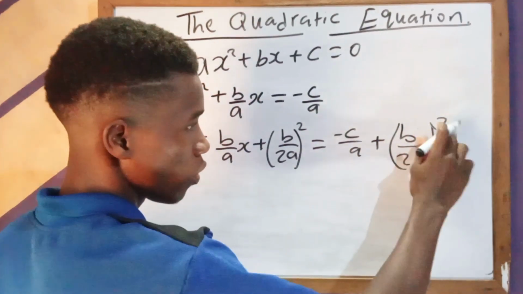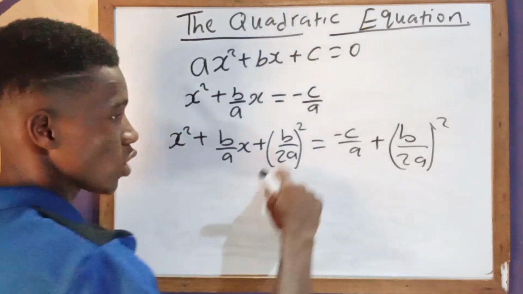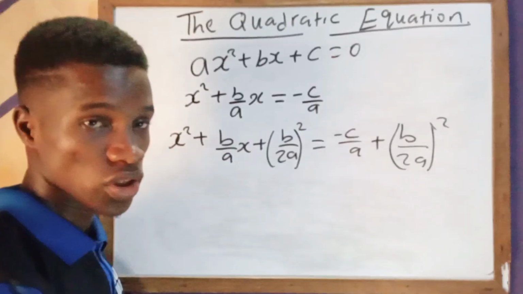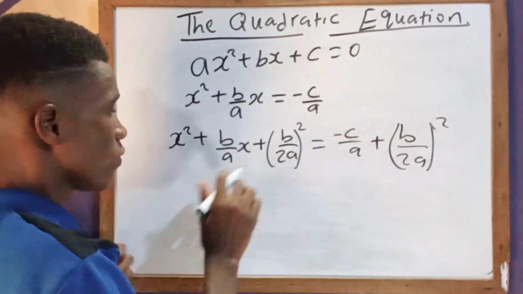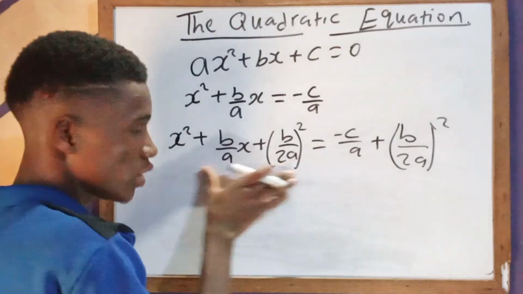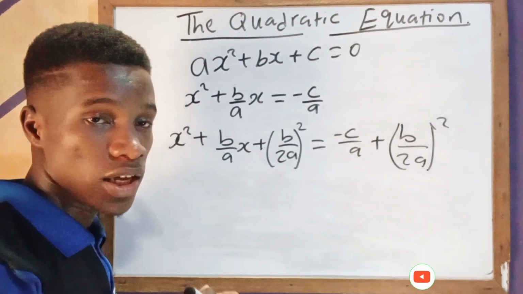this way. So since we added it to both sides, see that nothing changed in our equation. When this one comes here, it cancels this one. So our equation is just the way it was here, and you see the same way it is here. So from here now, we can see that this left hand side can be written as a perfect square.